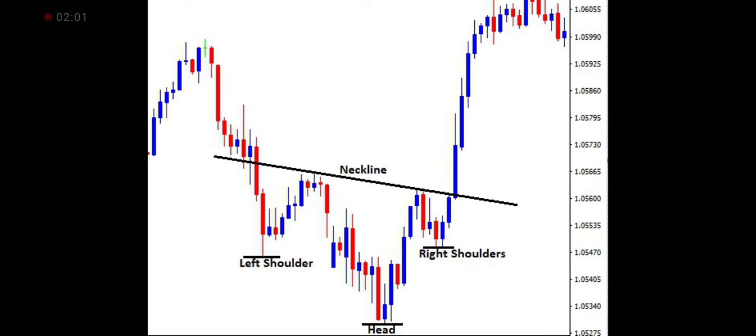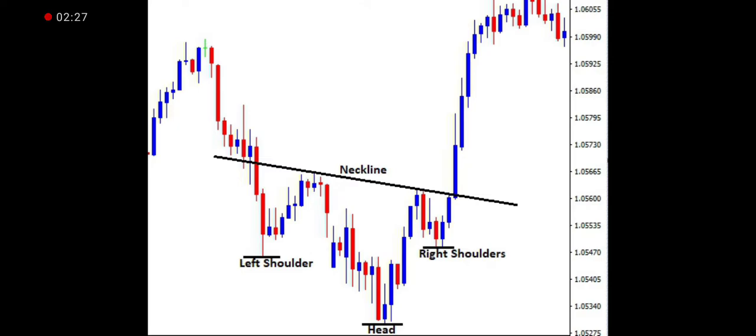The market was initially trending down. The initial move of the market was a downtrend. It was coming down, and when it was coming down at first, it gave us our left shoulder, spotted down there.